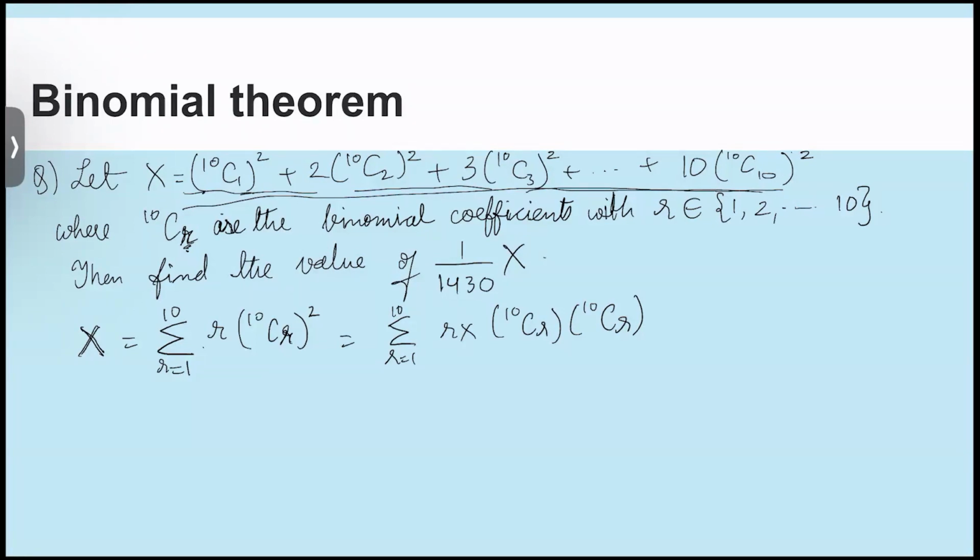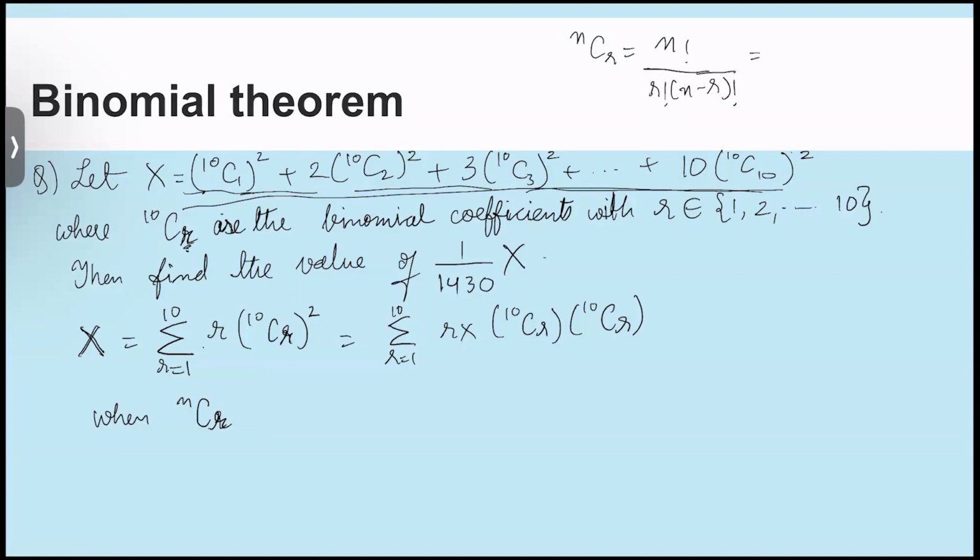Now there are a few things we have to remember: when NCR is there, you can write it in different forms also. When we solve for NCR, you can write it in the form of n factorial upon r factorial into n minus r factorial.